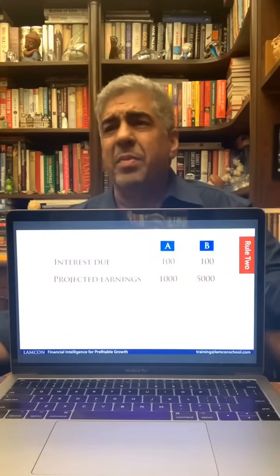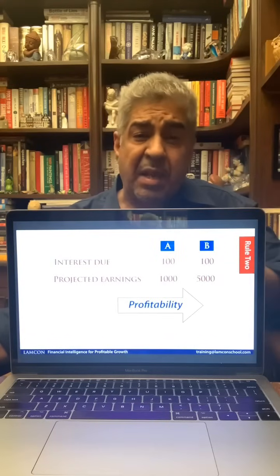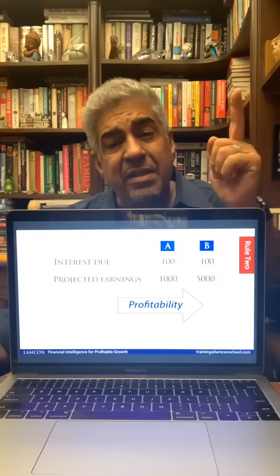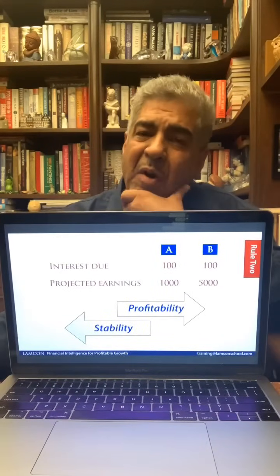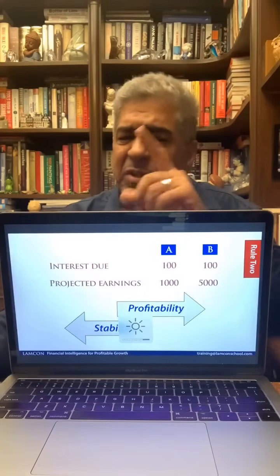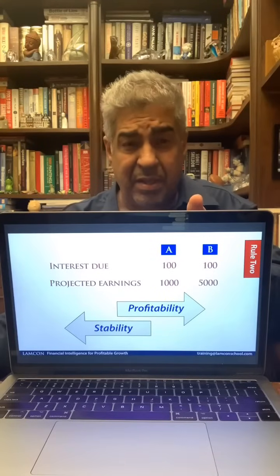Point I'm trying to make is, when it comes to choosing between profitability and stability, bankers go for stability.